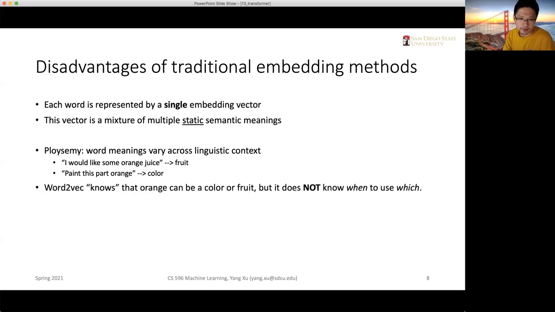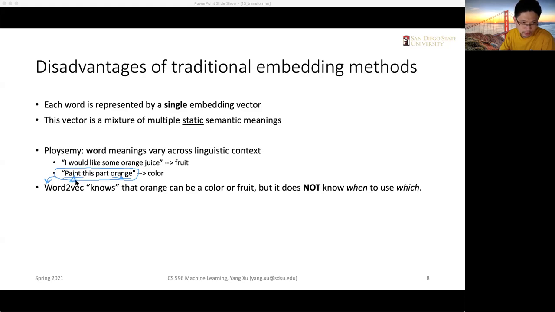If we think of the nature of word2vec, it knows the word orange can be a color or a fruit, but it does not know when to use which. When the whole sentence is fed into a word2vec model, the model knows that the word orange co-occurs with the word paint, for example.